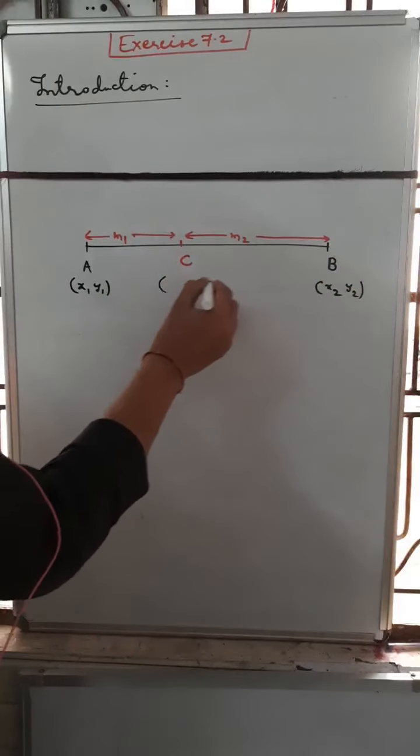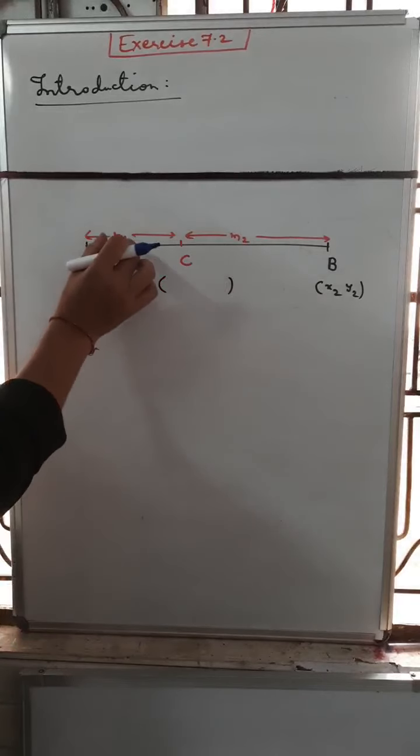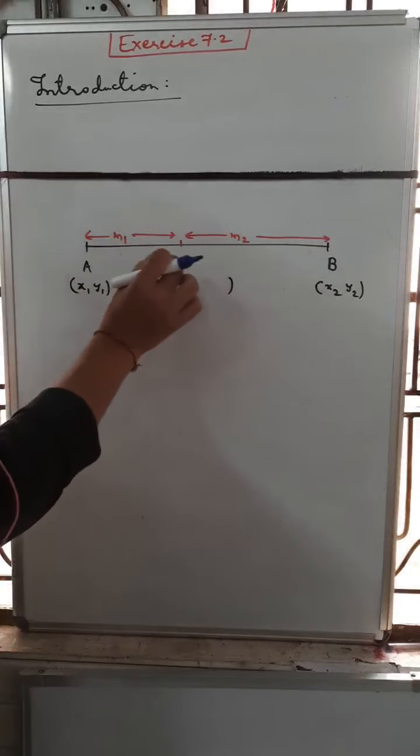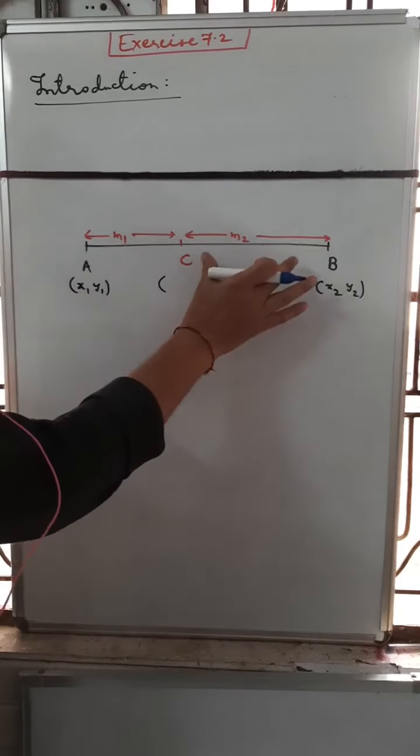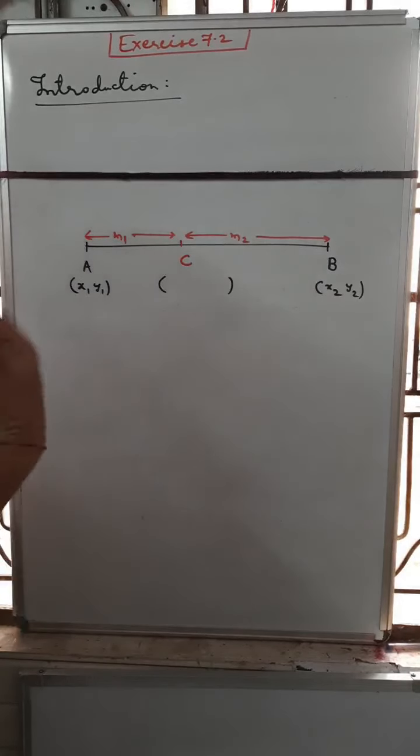You have to find the coordinate of C, but only the ratio of AC and CB is given. So how do we find it?